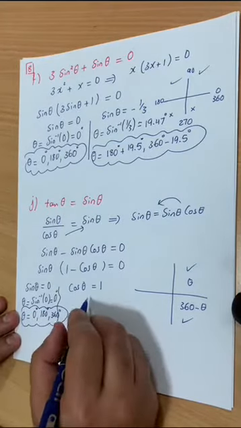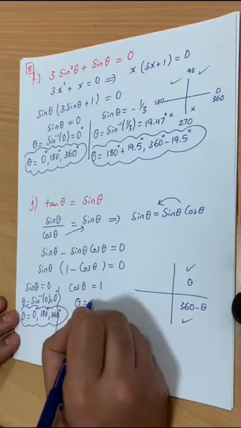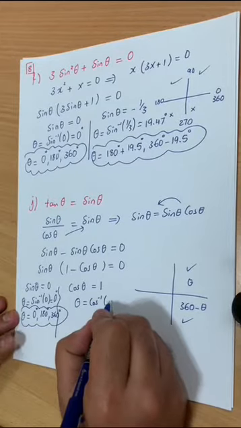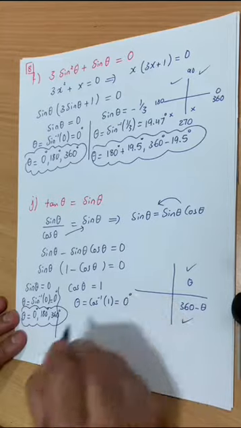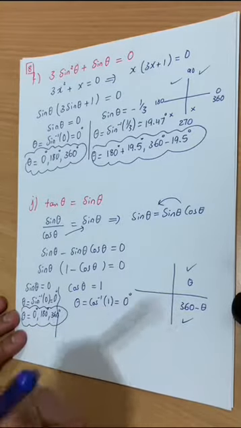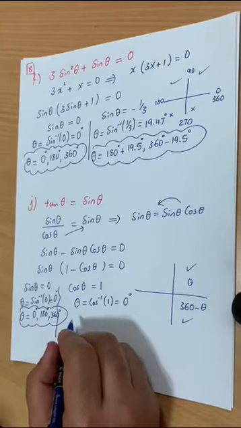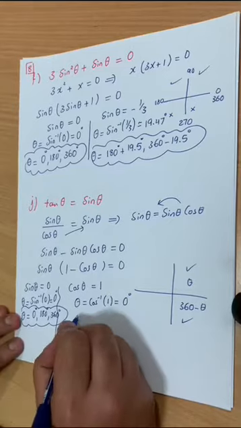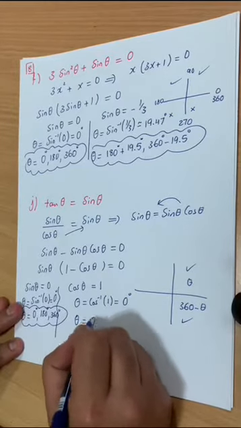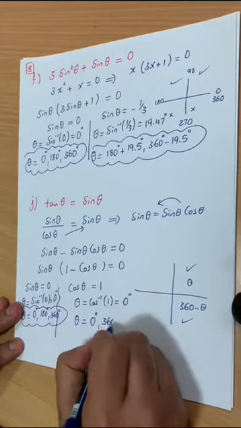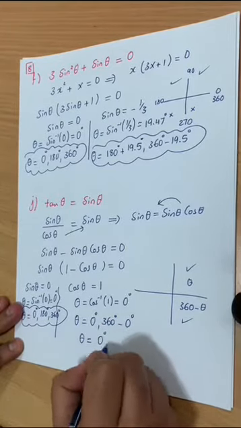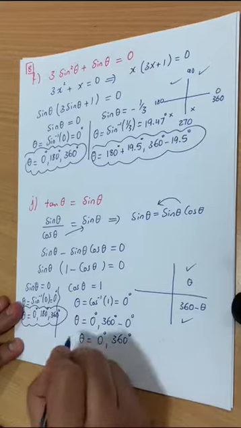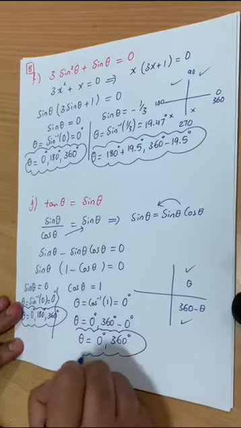Now for cosine theta is equal to 1, the reference angle inverse cosine of 1 equals to 0. So whenever using these two expressions, theta equals to 0 and 360 minus 0. So theta equals to 0 and 360.